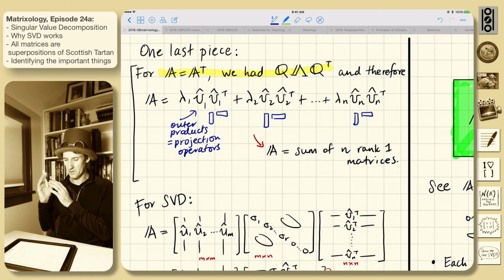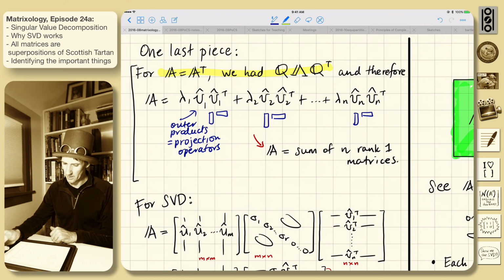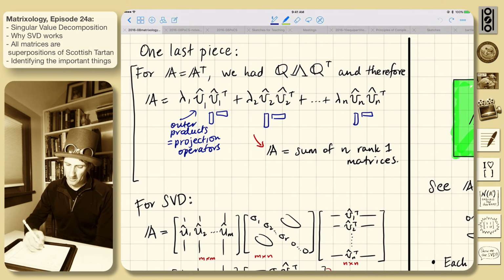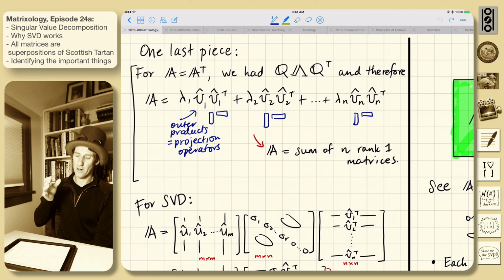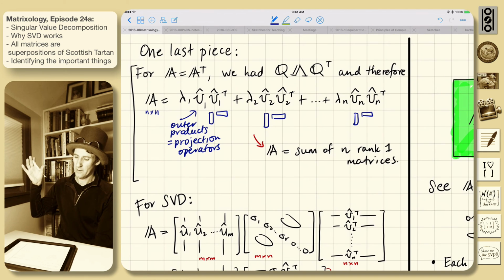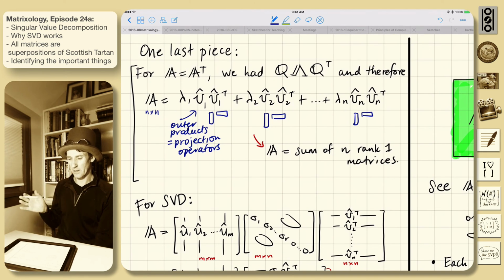They're the eigenvectors, and they form an orthogonal basis for R^n. Very, very nice, beautiful thing. And we realized when we wrote this out that we could see A, which is n by n, as a sum of projection operators. And if we ordered the lambdas by their size, then we could put the most important projection operator first.